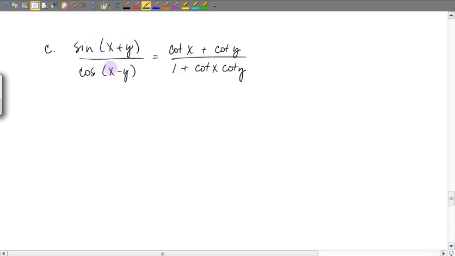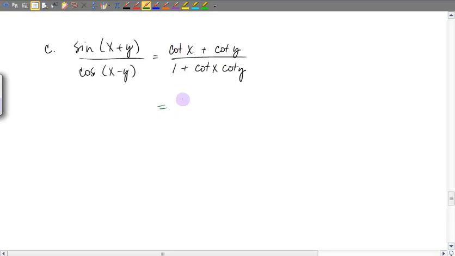So this is actually simple compared to the right-hand side over here. Having determined I'm going to start on the right, and I'm trying to rewrite everything in terms of sine and cosine, let's use that idea. Everywhere I've got a cotangent, I'm going to rewrite it as sine and cosine.